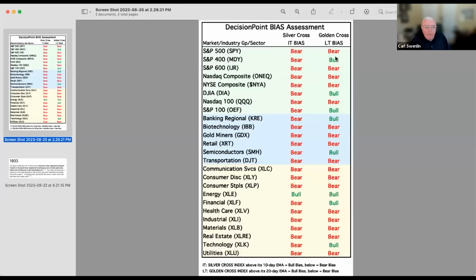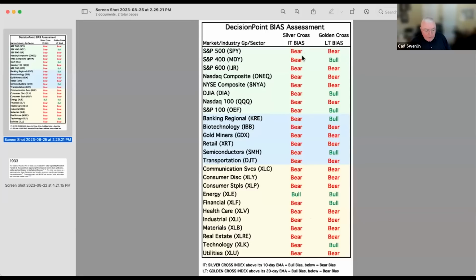So I'll show this on a chart, but let's just take a quick look at the table here. You can see this is as of Friday, and mostly everything except energy has a bearish bias for the intermediate term.